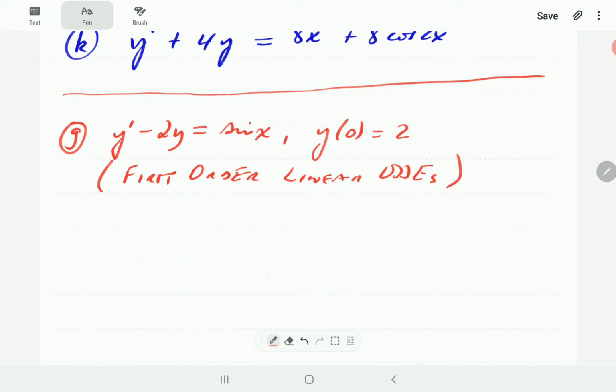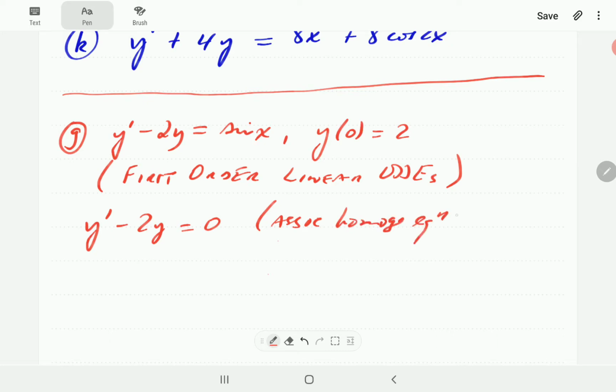All right, in this case, the associated homogeneous equation is going to be y prime minus 2y equal to 0.